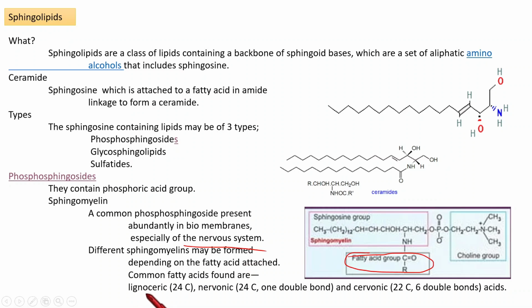They are lignoceric, the fatty acid with 24 carbons, nervonic, 24 carbons with one double bond, and cerebronic. These are all different fatty acids that connect with the sphingosine group to form different types of sphingomyelin.